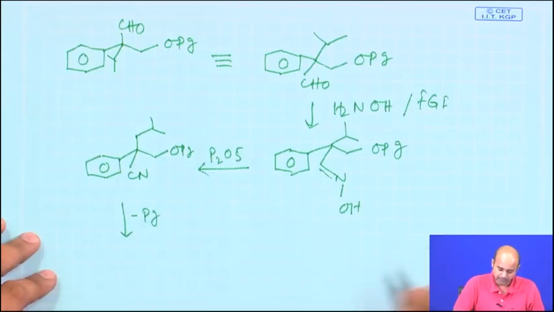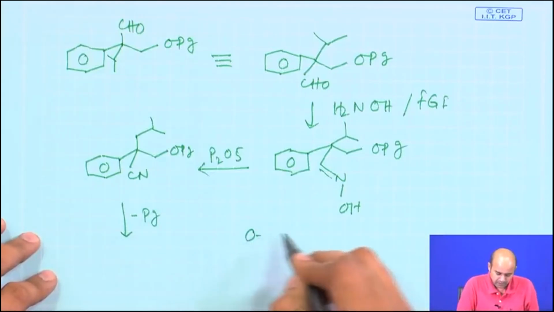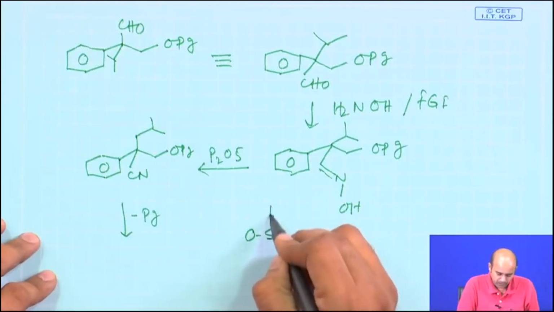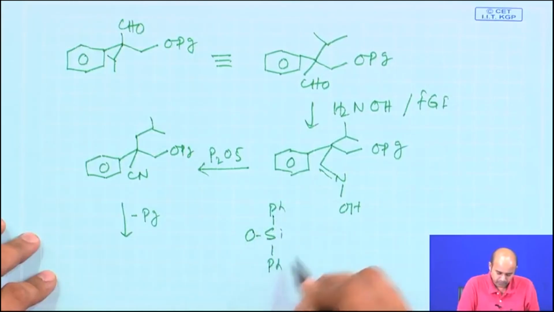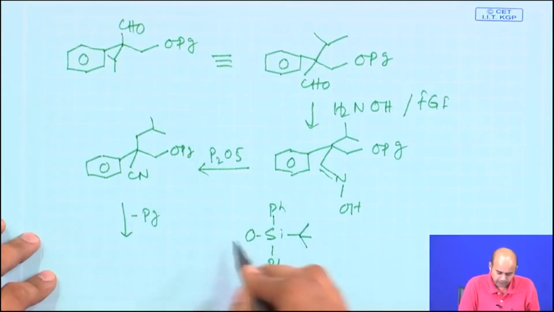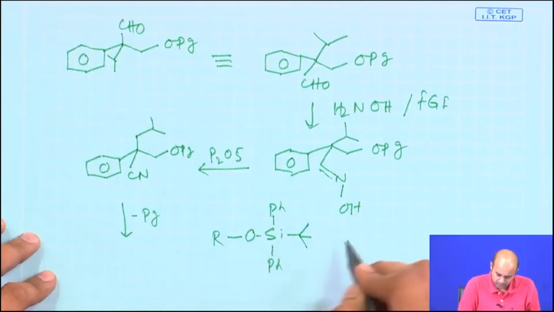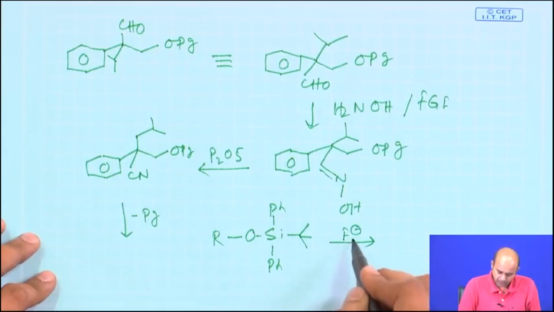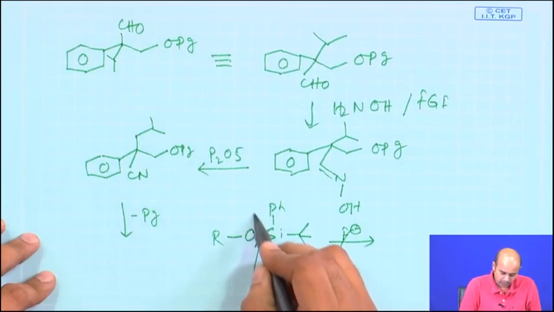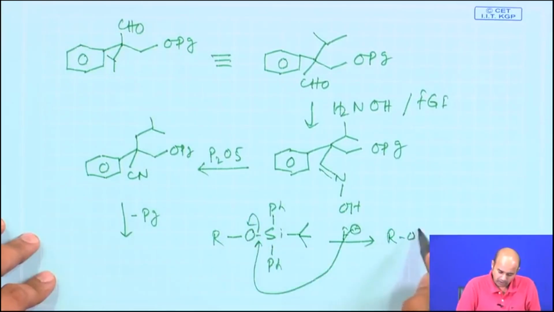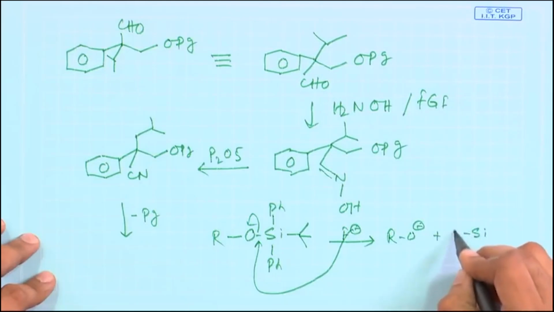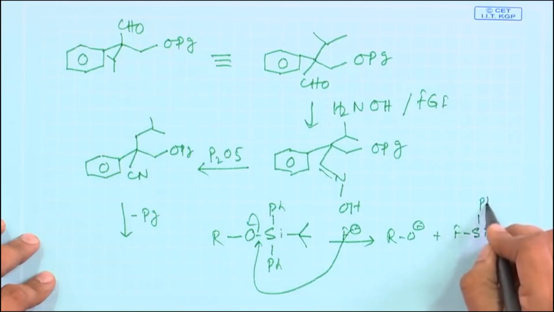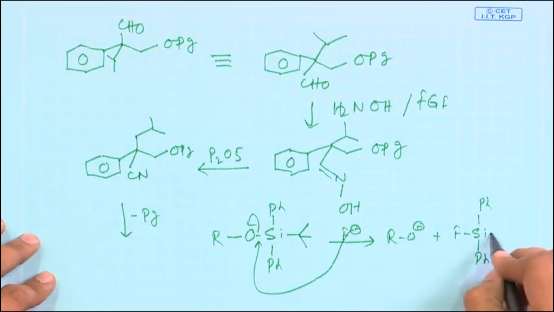Now, this PG removal, this is basically an oxygen silicon bond. This oxygen silicon bond is very labile under fluoride conditions, because you are going to form a new silicon fluorine bond. Silicon is very much fluorophilic.